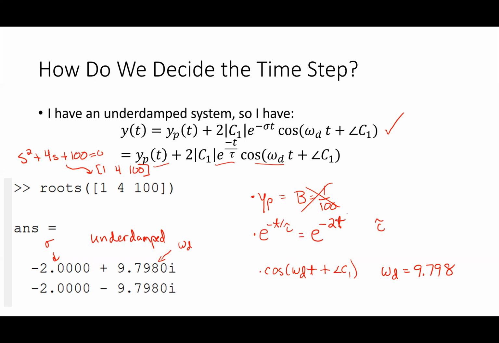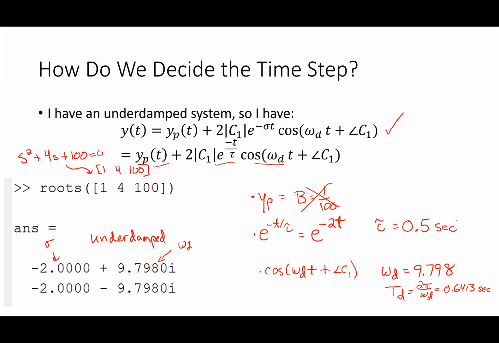That tells me, just from looking at that expression, that tau needs to be 0.5, because t over 0.5 would be t times 2. So I have tau is 0.5, and t sub d, the period of this cosine, would be 2 pi over omega d. If you compute it, that is 0.6413 seconds. And remember, the tau here is in seconds as well.